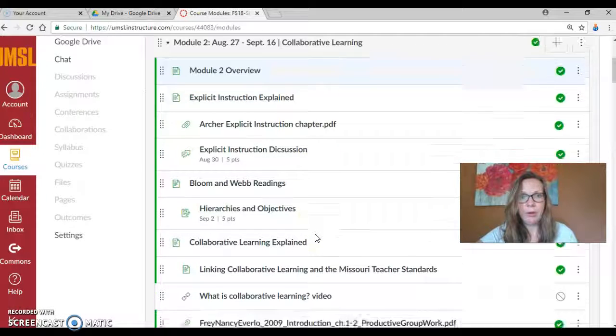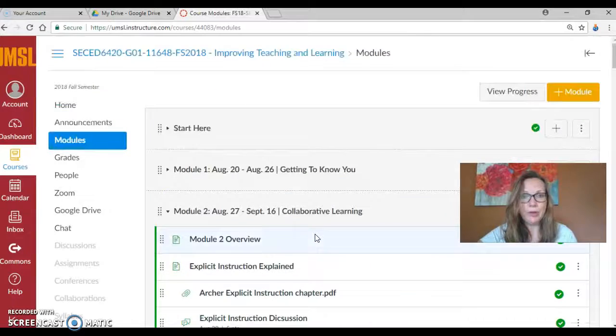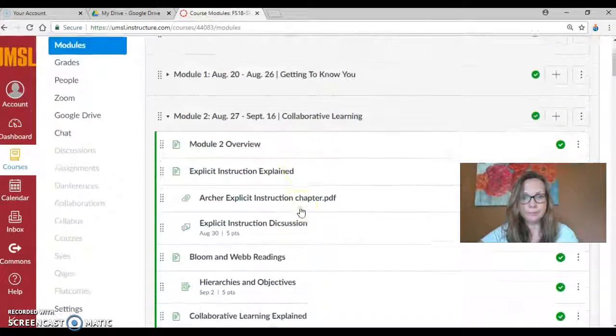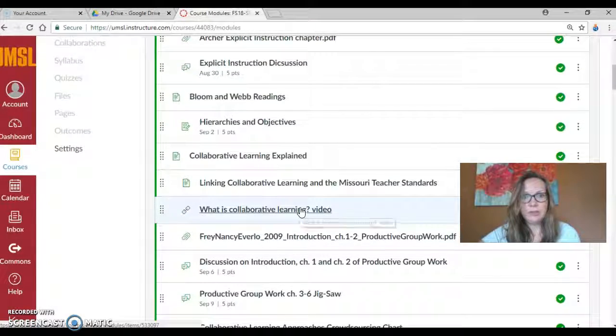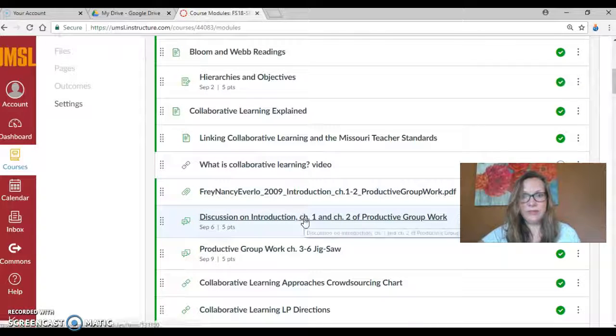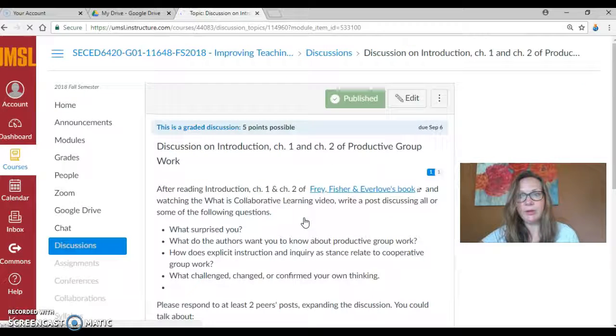Or you can go up to see the whole book up here and start here. You will then discuss the introduction and chapters 1 and 2 the same way you did about explicit instruction. Just talk about what you read and how it applies to your classroom.